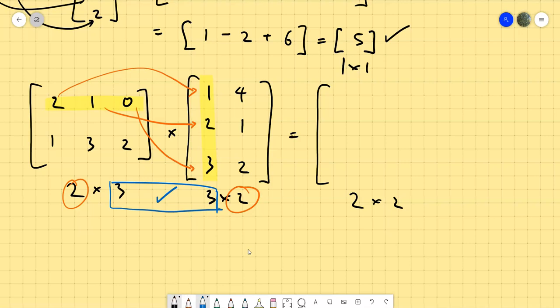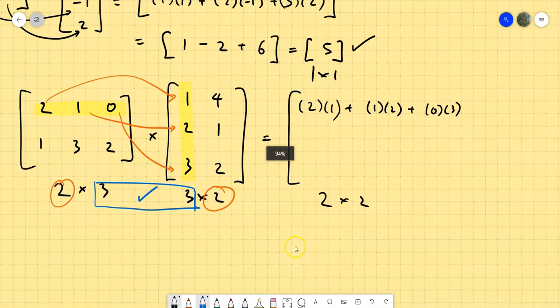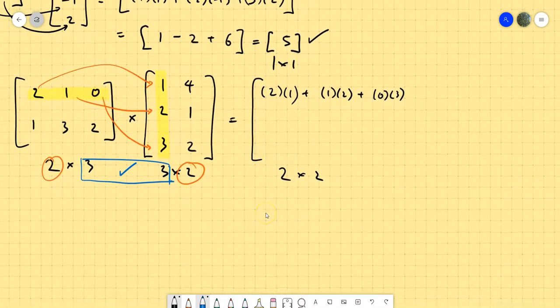So now, actually writing this down, I'll put brackets and everything. So for example here, I've got 2 times 1, plus 1 times 2, plus 0 times 3. Okay, so I'm going to need a lot of space here, so I might shift this over and zoom out a little bit. Okay, so that's that first corresponding box.